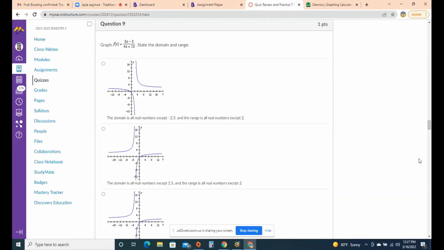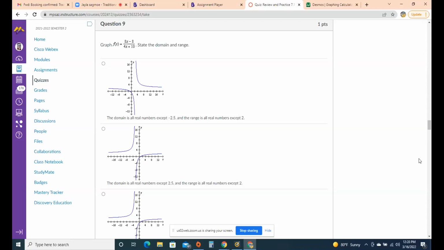So do you have some paper there to work through that? Yes. 10. Negative 5/2. Okay, and that is negative 2.5.